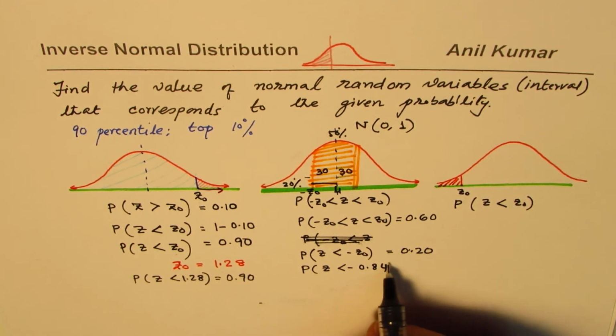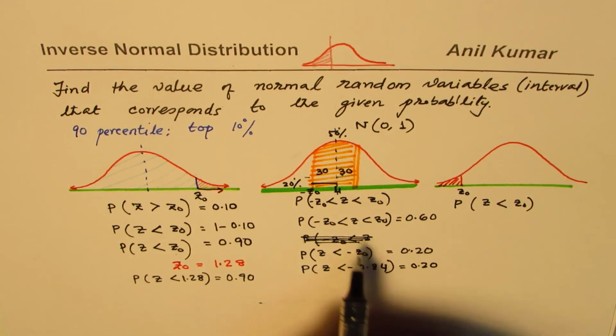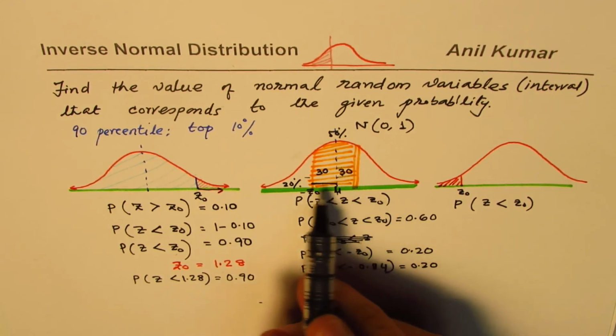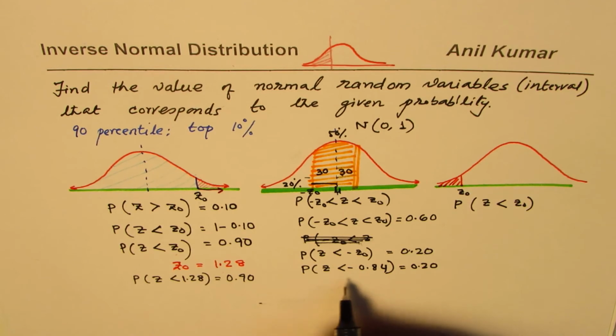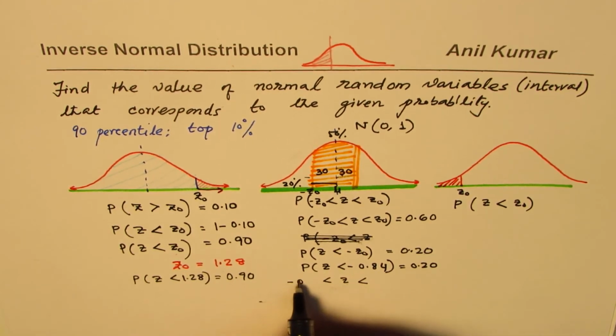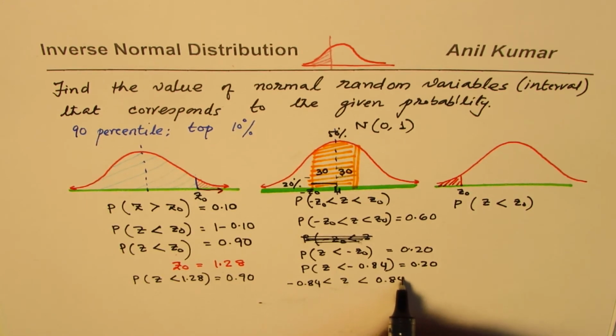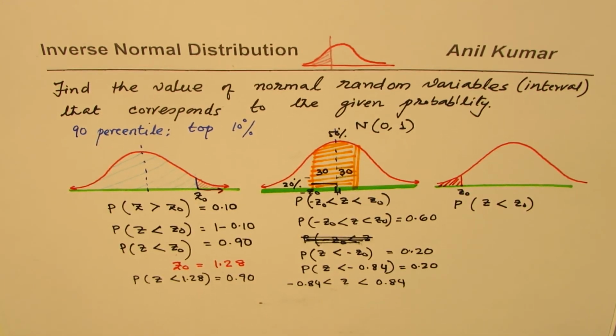So this is what we read, is equals to 0.20. So the interval for z0 is that z is between minus 0.84 and plus 0.84. You get an idea, right? So that is how we could get this value.